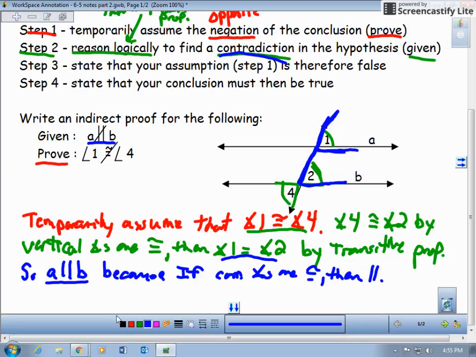I've found that contradiction. Now step 3 is I want to state that my assumption must therefore be false. So I'm going to write something like this.